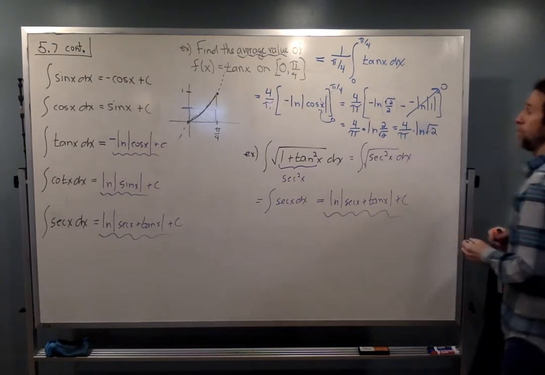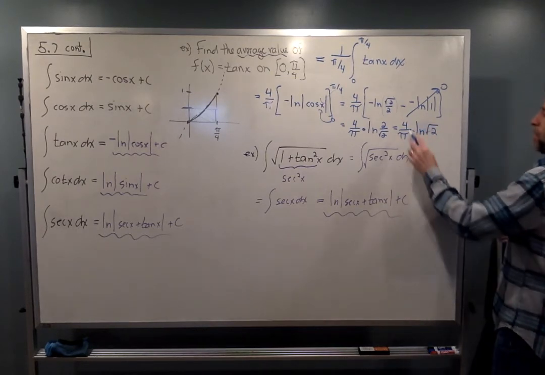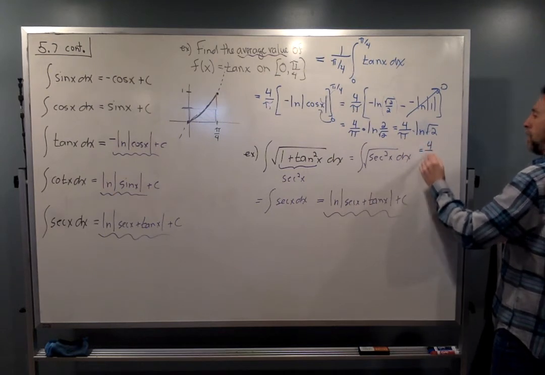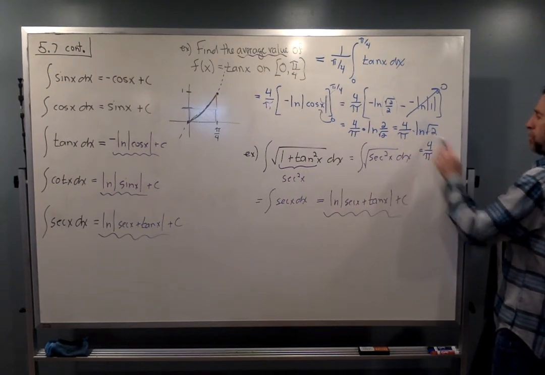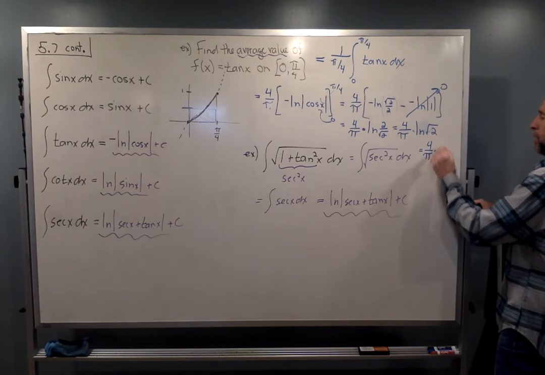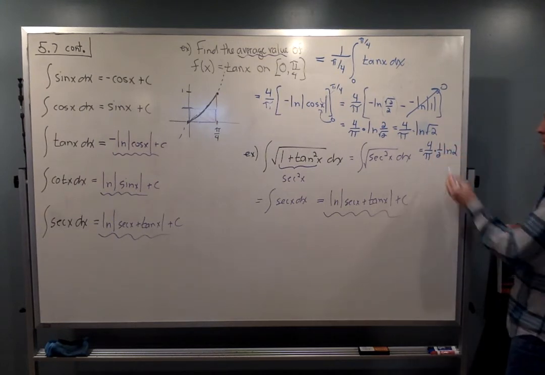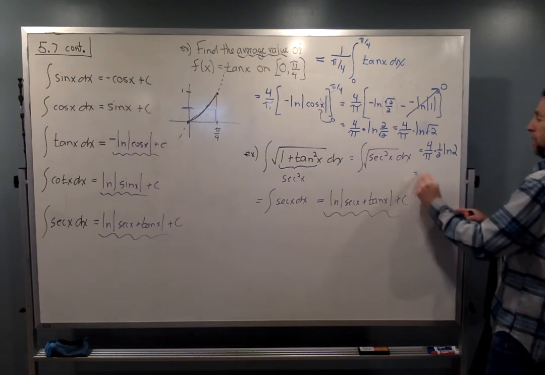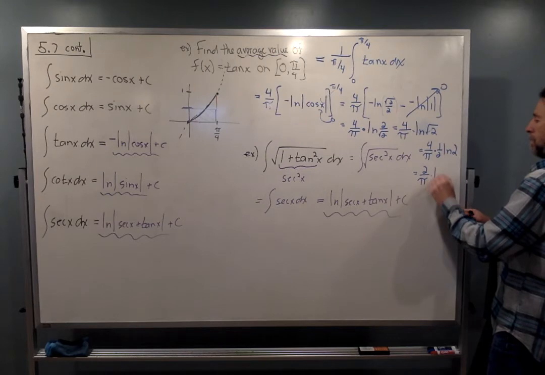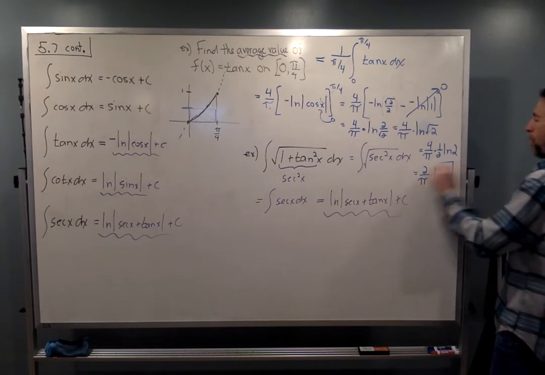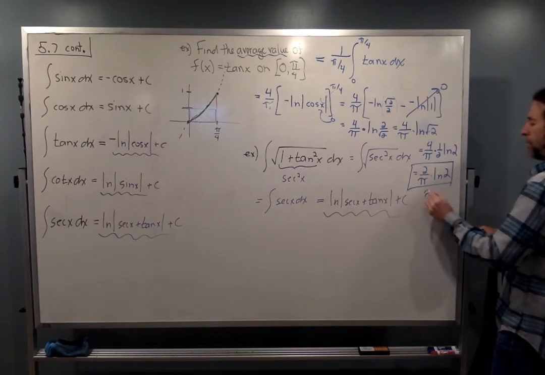And I can continue. 4 over pi. This is just 2 to the 1/2. So I can bring a 1/2 out in front. And the 1/2 times 4 over pi. So I get 2 over pi log 2 as an exact value.